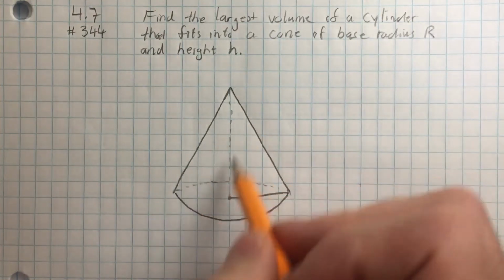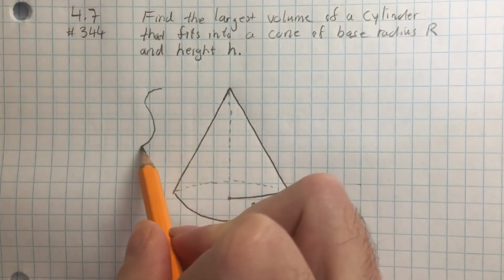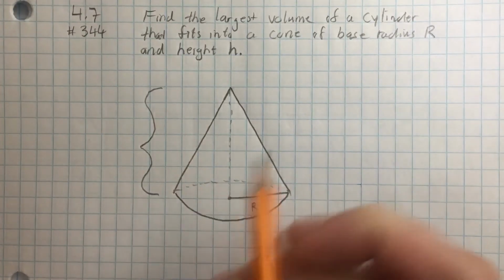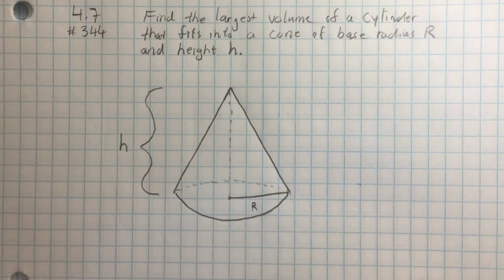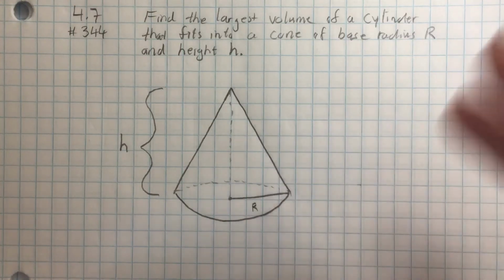I'm going to draw it on the outside because it's going to get messy in here in a second. Hopefully it'll be clear enough what it represents. So the height, there's the height of the cone. And those cannot change in the problem. Those are constraints on the problem because they are fixed, and so therefore they will play a role in the constraint equation that we'll attempt to construct here momentarily.